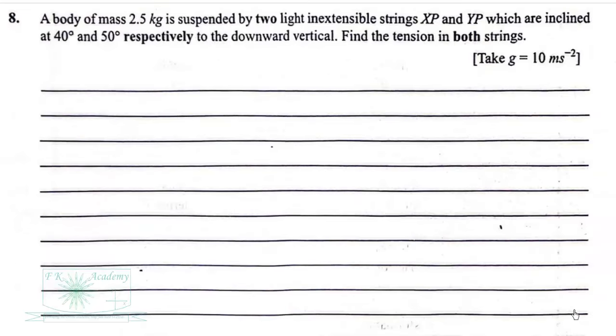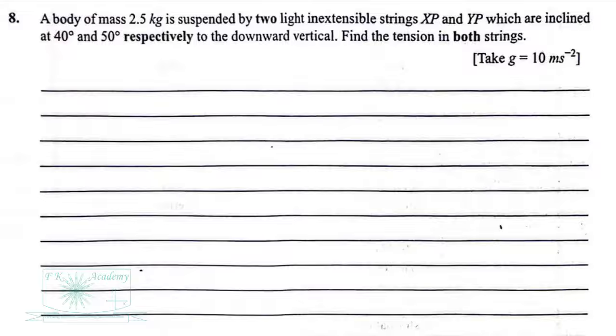We have a body of mass 2.5 kg suspended by two light inextensible strings XP and YP, which are inclined at angles 40 degrees and 50 degrees respectively to the downward vertical. Find the tension in both strings.